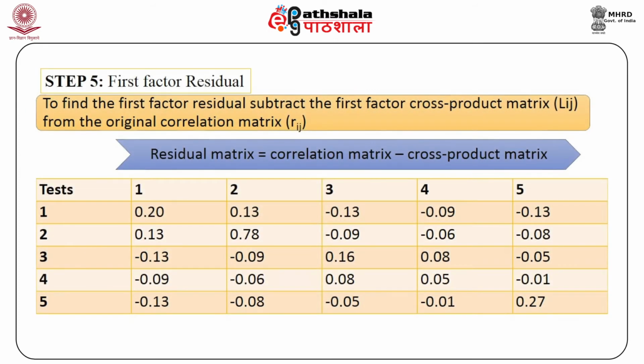Now, the next step is to find the first factor residual. To find the first factor residual, subtract the first factor cross product matrix Lij from the original correlation matrix Rij that we had started with in the beginning.